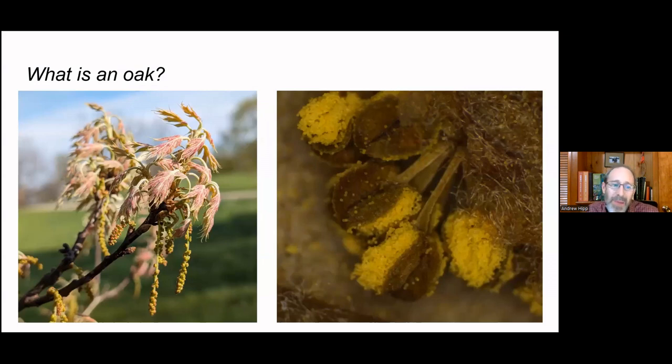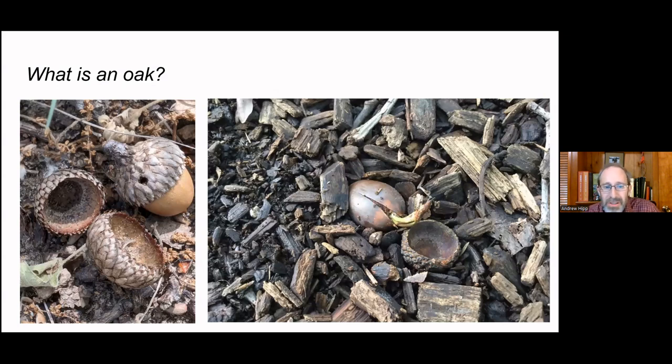And they are wind pollinated. So when you go out in the spring and see oaks flowering, you see these dangling catkins or aments that are just filled with pollen. And of course, oaks have acorns, these characteristic fruits with little caps on the top. You get this combination of characters, no matter where you are in the world, you're looking at an oak.